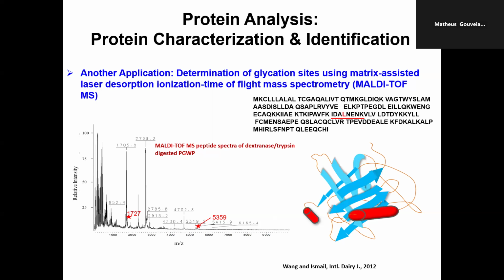So we were able to determine which lysine was linked to the sugar using MALDI. And the location was very critical in us understanding why the protein resisted unfolding. So it was a very cool observation.